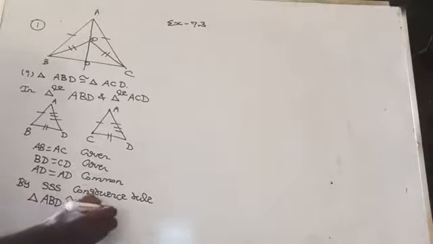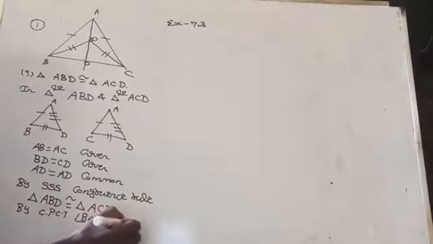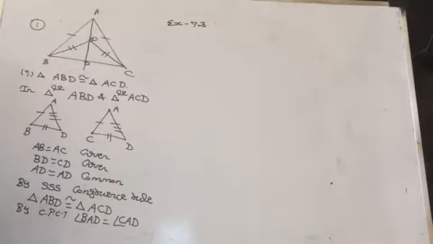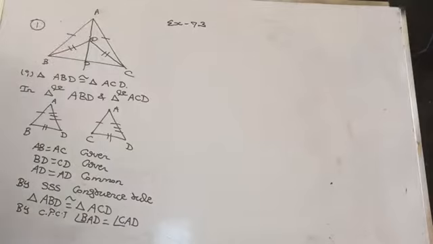So by CPCT, corresponding parts of congruent triangles, angle BAD equals angle CAD. That means AD bisects angle A.